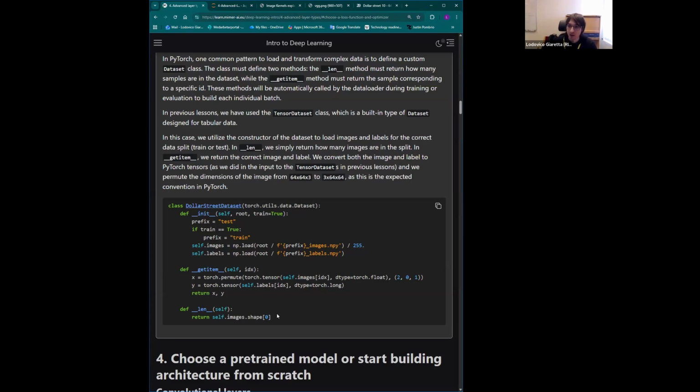So this looks complicated the first time you look at it, but once you grasp the basic concept, it's actually not that hard to work with. And it brings some significant advantages because it allows you to easily customize the way the data gets loaded. Here we are permuting the data, but any sort of transformation that you need to do, you can do on the fly.